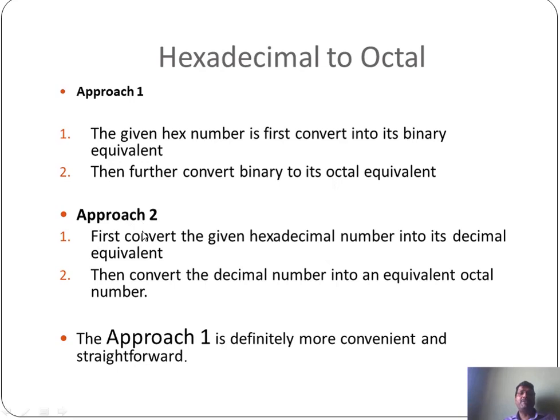In the second approach, convert hex to decimal by using positional weights, and then convert decimal to octal by the successive division and successive multiplication methods. Obviously, in the first method, we convert hex to binary and then binary to octal, which is very convenient and straightforward, with less calculation, and much better than the other approach.